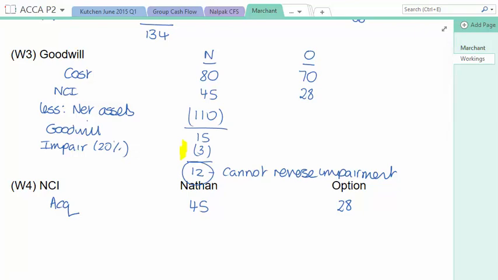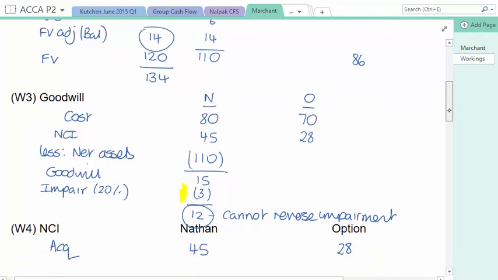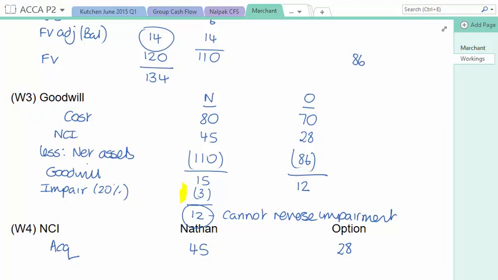And it says Option's net assets were valued at 86, so we've got that figure of 86 to subtract. And therefore we can work out goodwill as being 12. So just slot figures into your standard workings, even though you might not be using them in full, because this way you don't have to reinvent new workings every single time.